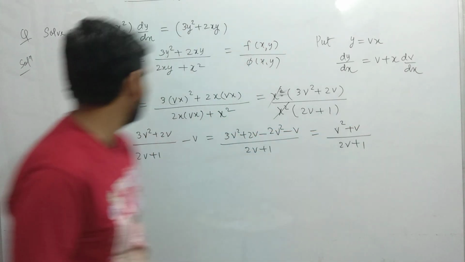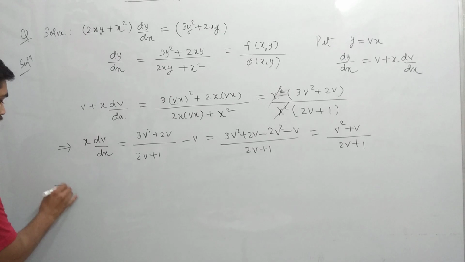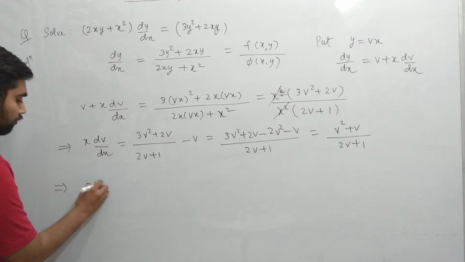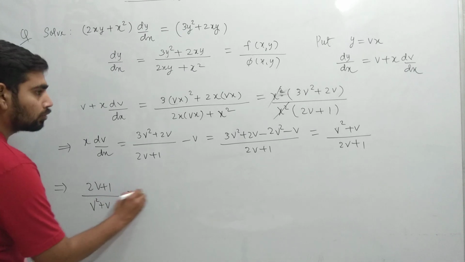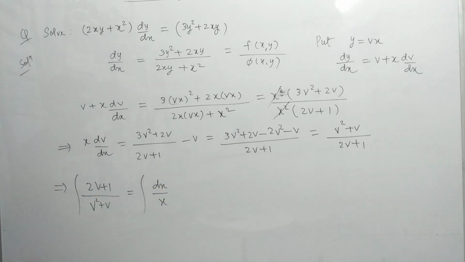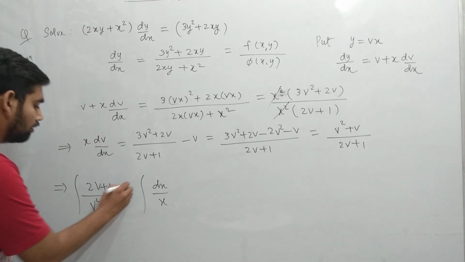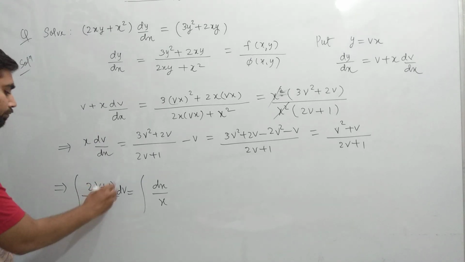It is a function of v, and here x and v can be separated, so we write it in the form (2v + 1)/(v² + v) dv = dx/x. On integrating, we see that the derivative of the denominator is in the numerator: 2v + 1 is the derivative of v² + v.